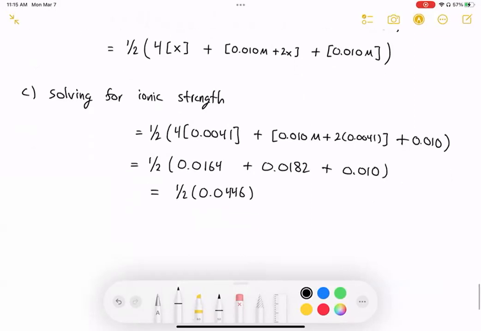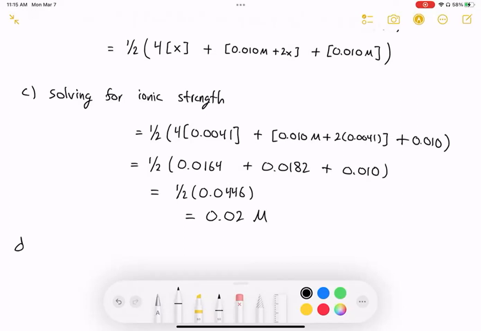And we just solved that now. That will equal 0.02 molar. Okay. So now we solved for the ionic strength.